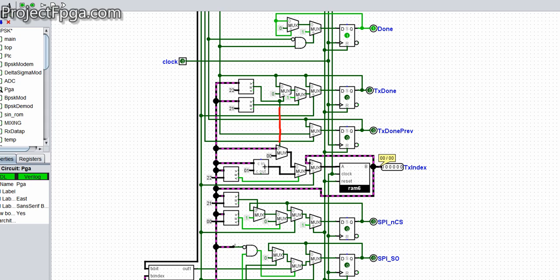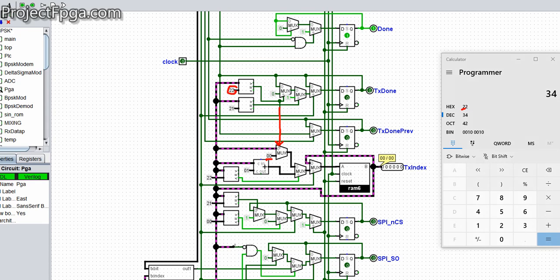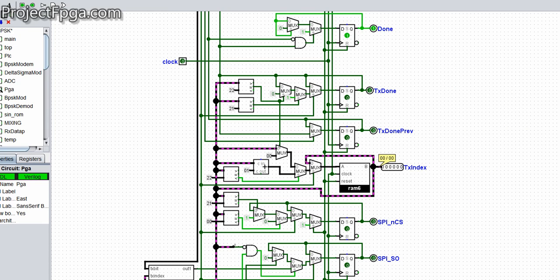Let's see here. Whenever this multiplexer comes on, it sets the TX index to 0. What does it mean? It resets it. It checks if the TX index is equal to 22. 22 in hexadecimal is 34 in decimal. Normally it is a 32-bit transmission, but here it checks whenever it counts up to 34, it should reset this TX index here.